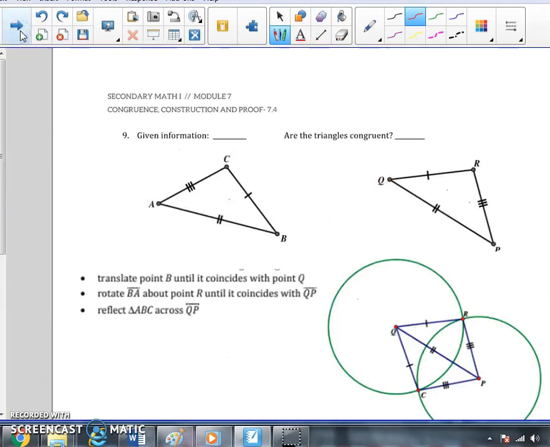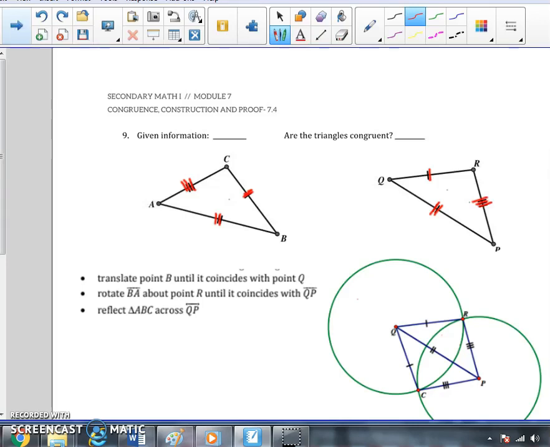And in number 9, we were then asked if it's enough information if we have 3 sides, 1, 2, 3, like the triangle on the left, and we have them marked congruent to 3 sides on another triangle, is that enough information?